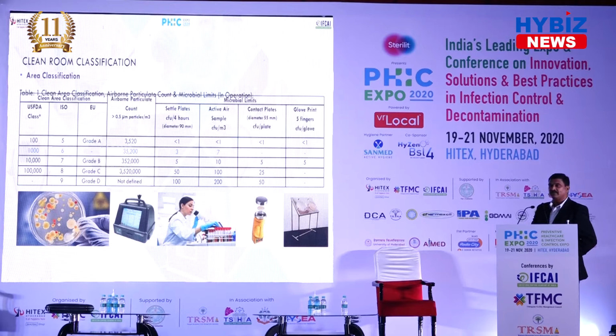Whereas as per the European Union EU guidelines, there are grades A, B, C, D. ISO 5 is called grade A, ISO 7 grade B, ISO 8 grade C, and ISO 9 grade D. So this is the comparison among different regulatory agencies.